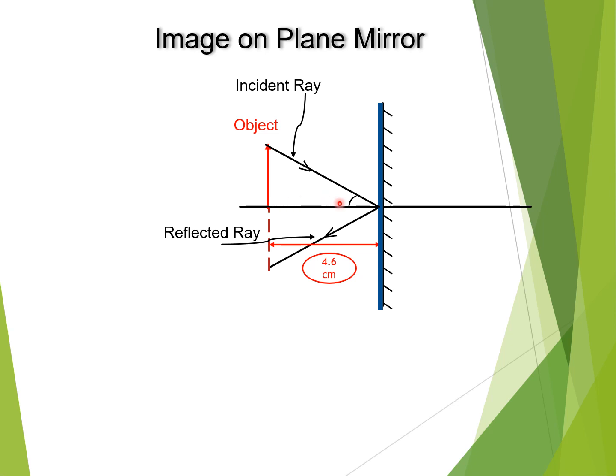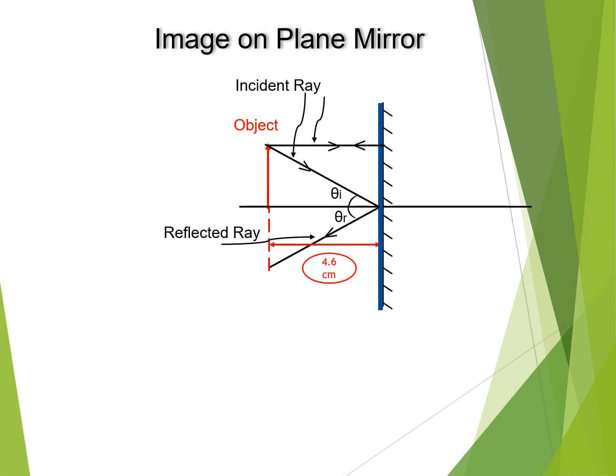So this is the perpendicular. As we have studied before, the angle between the perpendicular and the incident ray is the angle of incidence, denoted by theta I. Similarly, the angle between the perpendicular and the reflected ray shall be the angle of reflection. So this theta R is the angle of reflection, and theta I shall be equal to theta R.